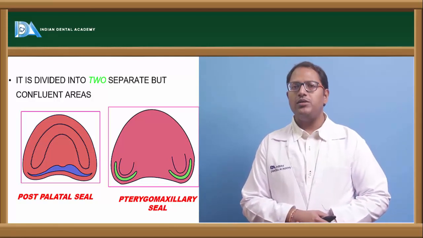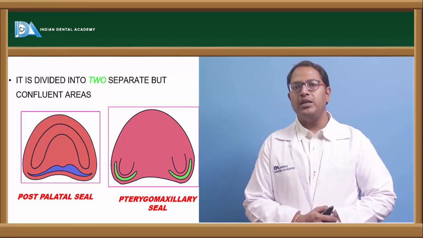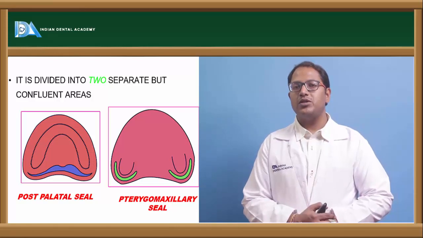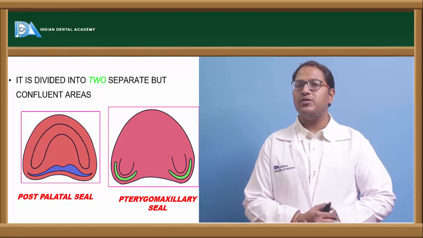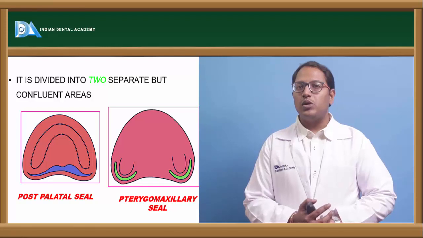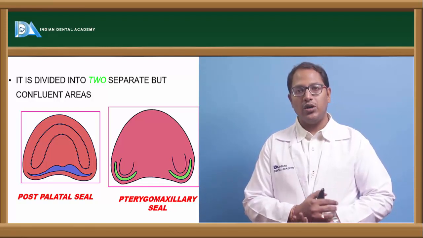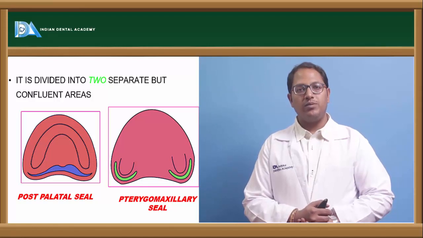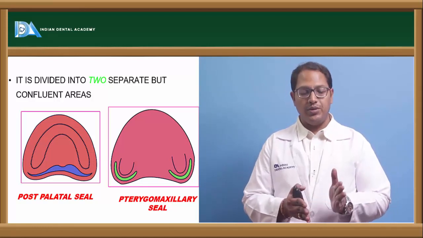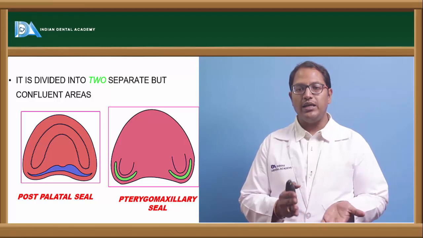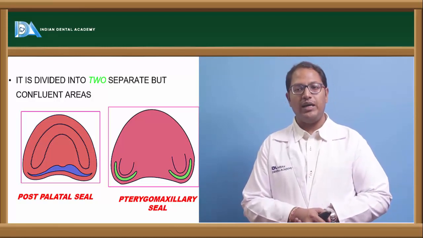Now, there were different conflicts which came up, two different schools of thought. So there's something which came as a vibrating line. So what is a vibrating line? A vibrating line is that imaginary line across the posterior part of the palate, which makes a division between the movable part of the soft palate and the immovable part of the soft palate.